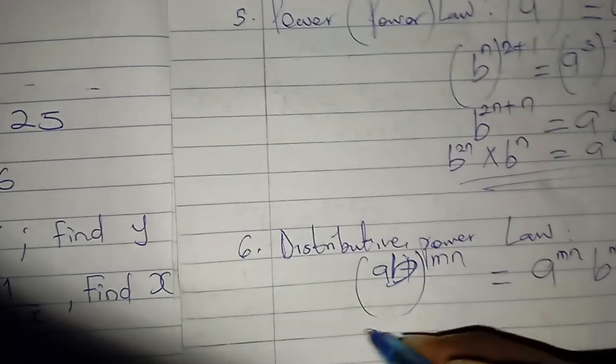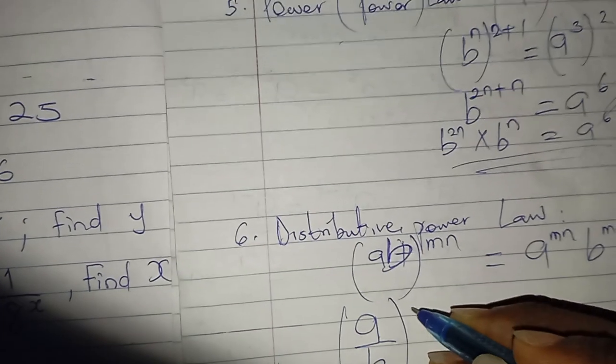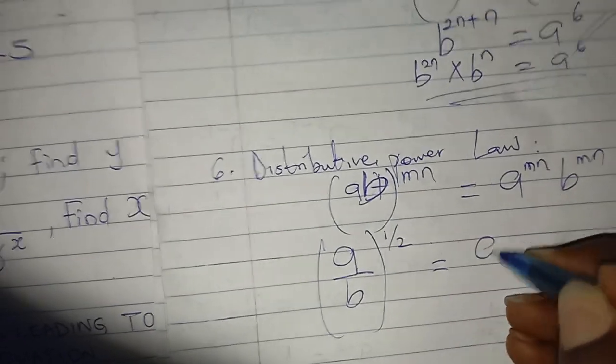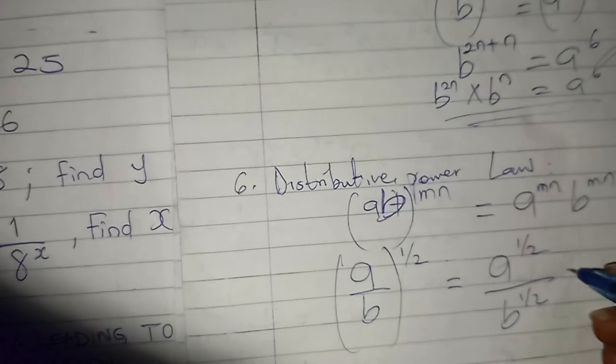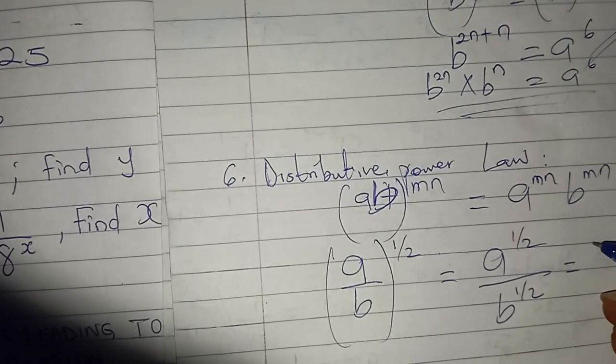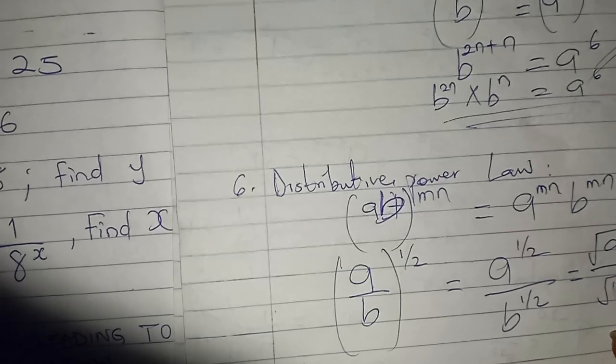And if I have a over b all raised to power half, this is the same thing as saying a to the half all over b to the half, and this is the same thing as saying root a all over root b.